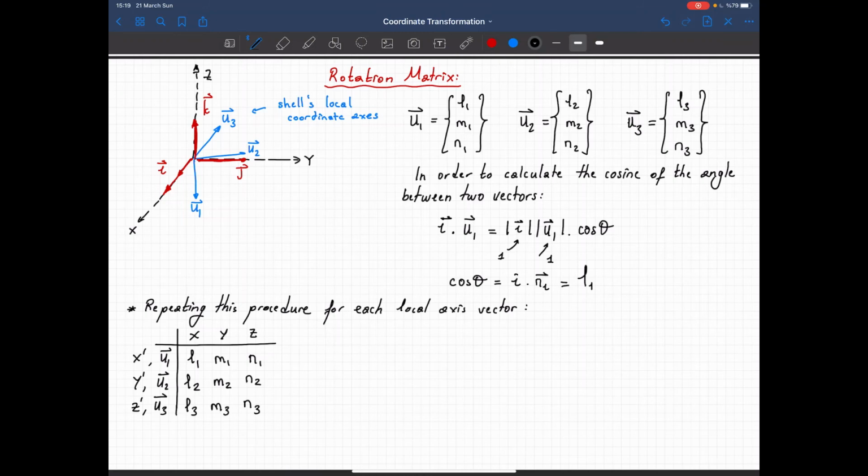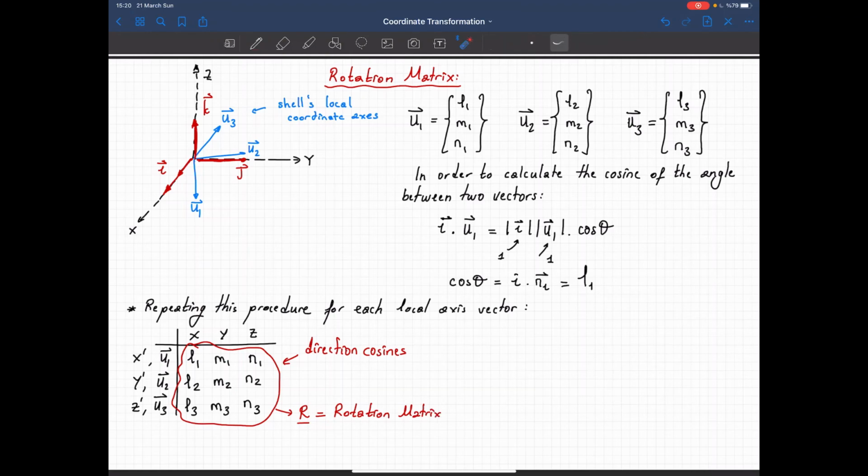Okay, so these are called direction cosines of the local axes, and if you write them as a matrix, I will call it R, my rotation matrix.